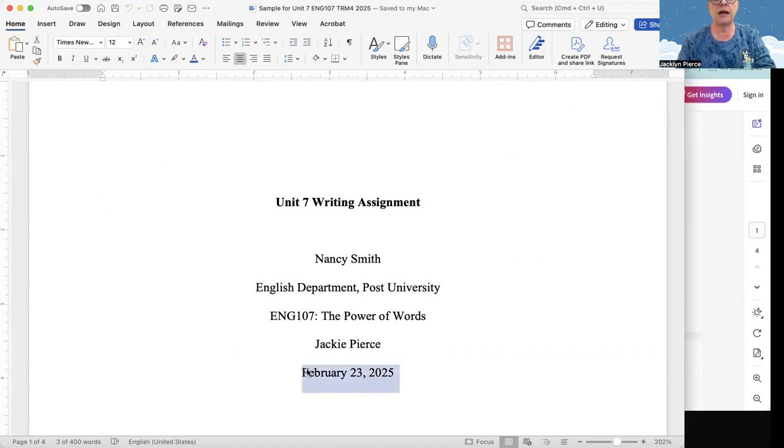So Sunday's date is what? Let's double check our calendar. So many screens to look at today. All right, so Sunday's date is the 20th.